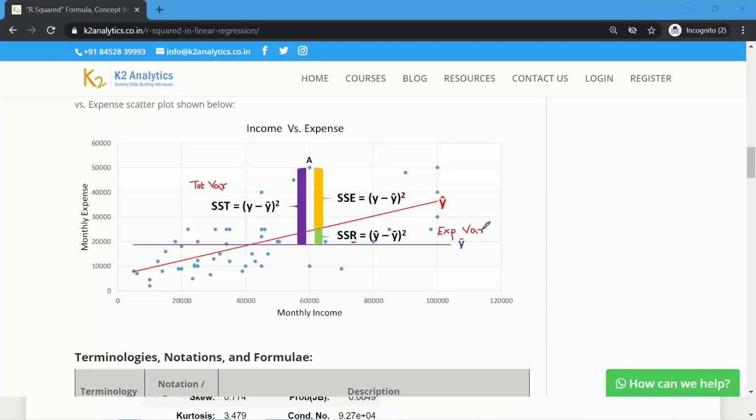And despite building my regression, the yellow part is the error which was left. When I take the sum of squared error across all data points, I can call that unexplained variance.